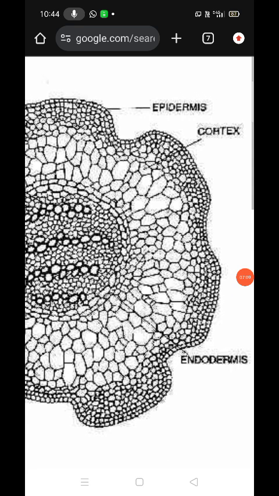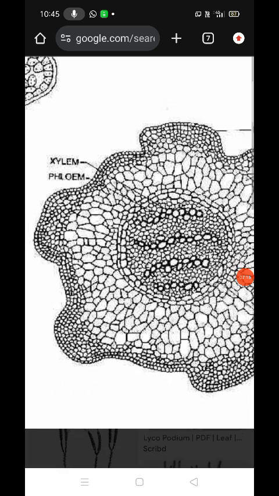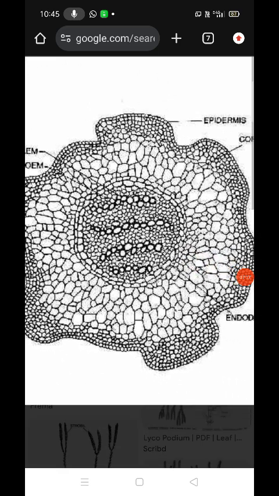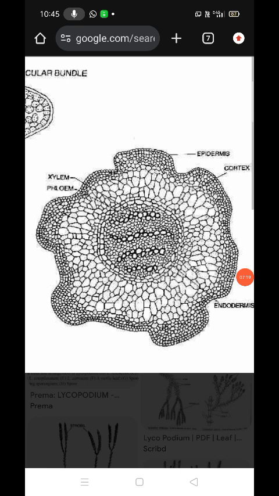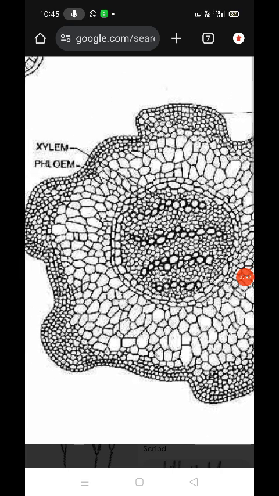The epidermis is a single layer, then the cortex region, and this cortex region is then differentiated from the endodermis. You can observe the ring of endodermis, and inside this endodermis, the xylem and phloem are observed very clearly.